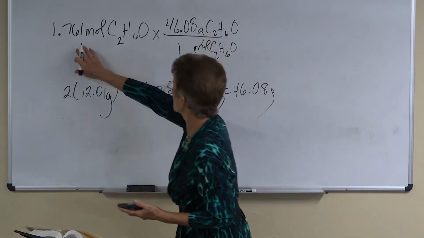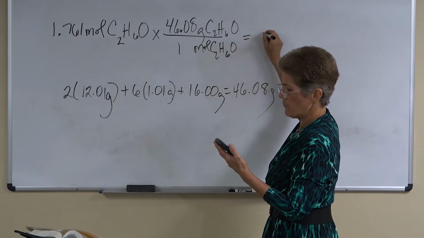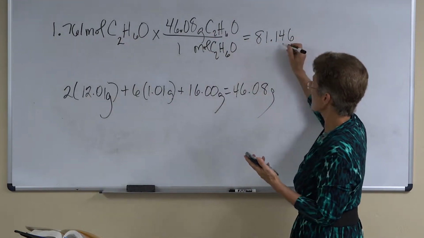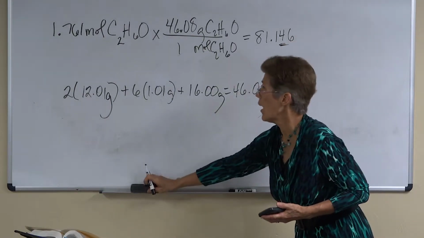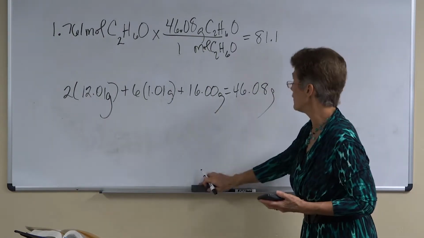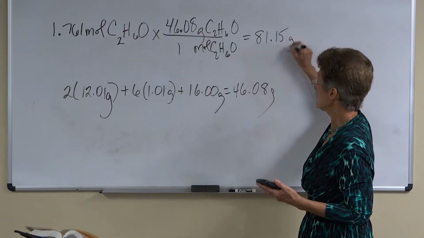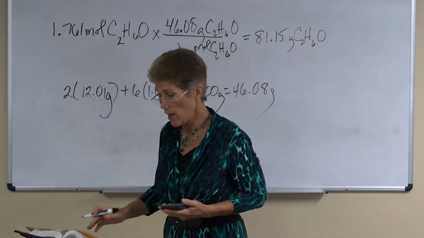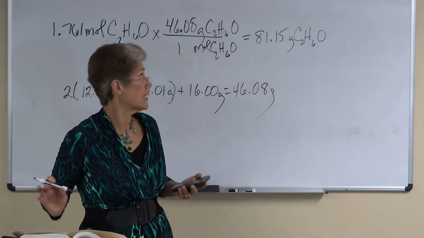I have 4 significant figures here, 4 here, so my answer will be in 4. 481.1. And then what I got is 46, and I have to go to here. So I'm going to roll that 4 up to a 5, because you always look at that digit just past it to see whether you're rolling up or down. You can underline it if you need to, and that'll help you to see.